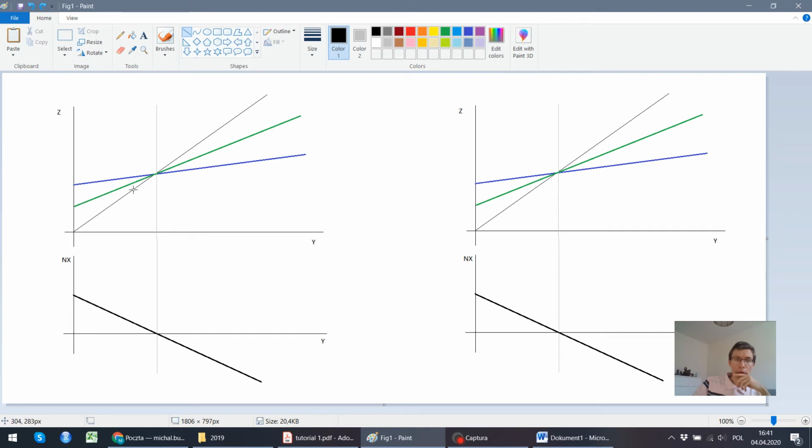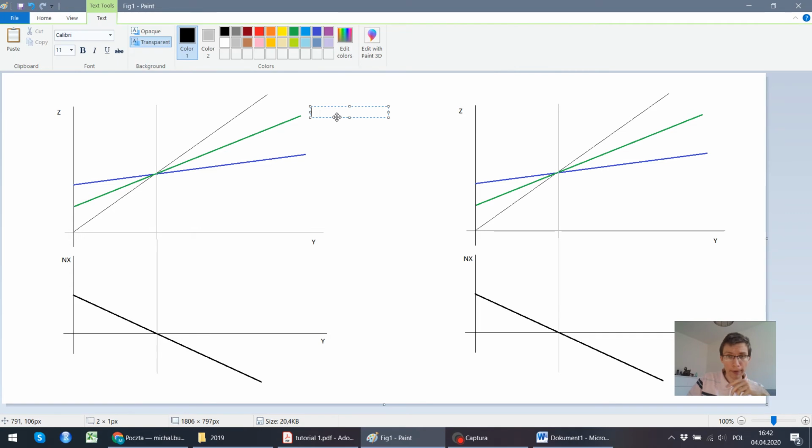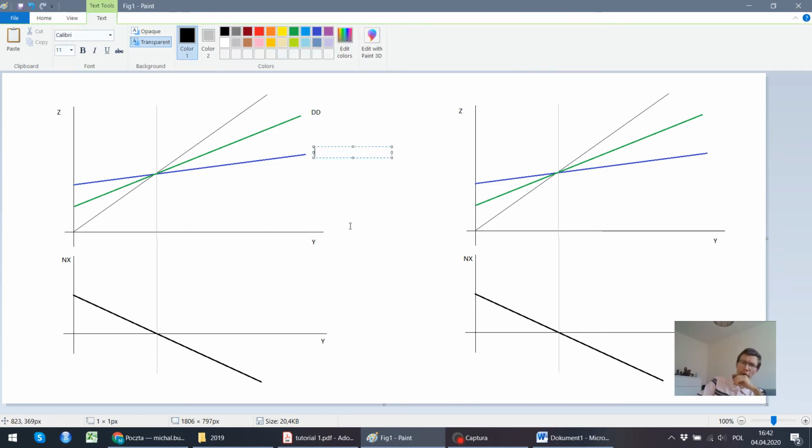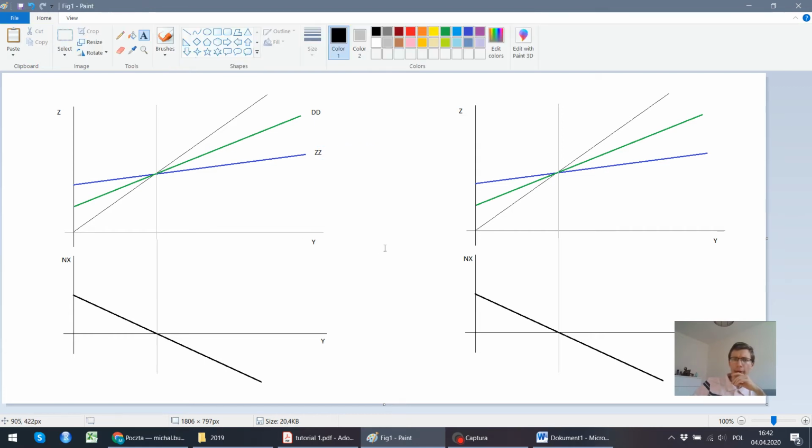The green line is exactly the line that represents domestic demand for domestic goods, which we called double D, all right? While the blue line corrects also for net exports, okay? So this is the total demand for domestic goods, which we called ZZ in our analysis.